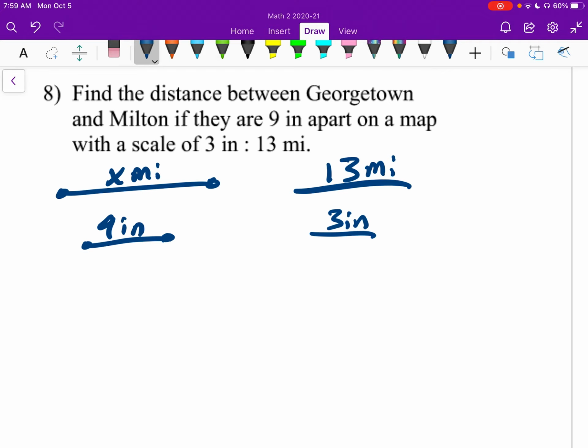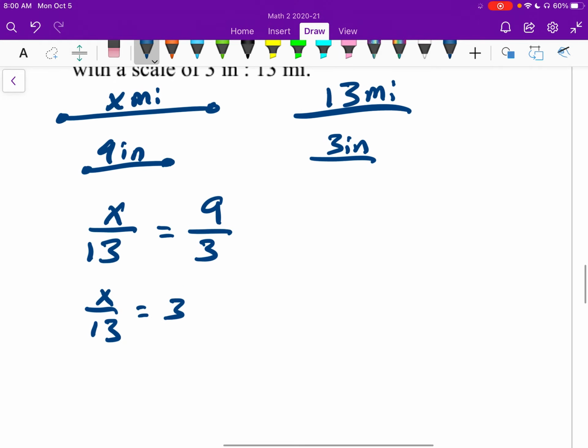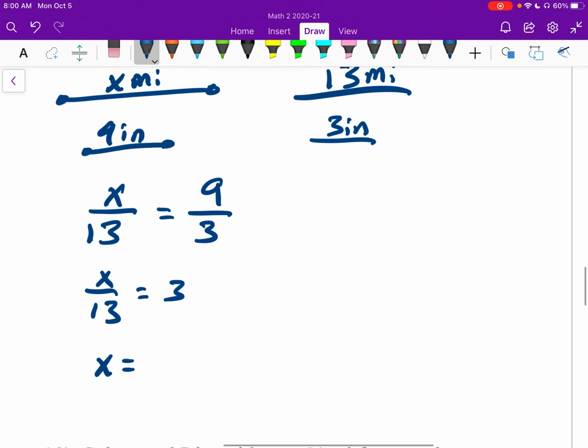Now to write our proportions, we get x miles over 13 miles equals 9 inches over 3 inches. So this is the same thing as x over 13 equals 3. So x equals 39, and we're dealing with miles.